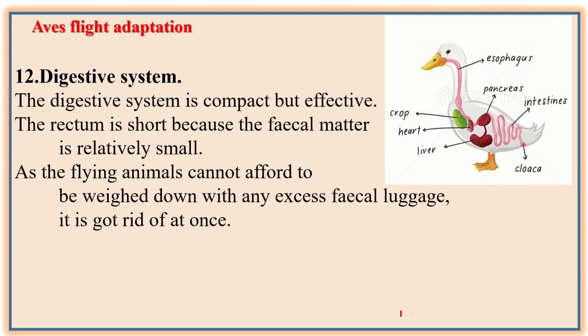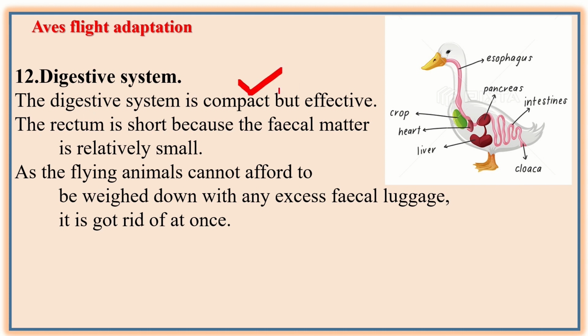In the digestive system of birds, the rate of metabolism is very high. Food requirements are great and digestion is rapid, so that birds can select high caloric value food with minimum indigestible waste, and the digestive system is compact but effective.